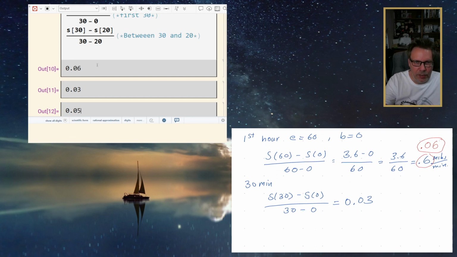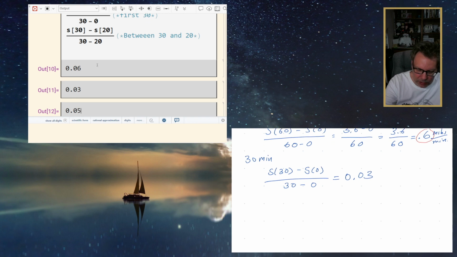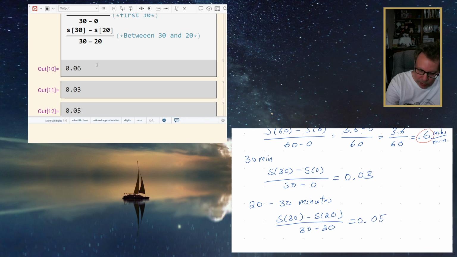I'm not saying this car is going very, very fast. What about between 20 and 30 minutes? Well, according to Mathematica, s of 30 minus s of 20 all over 30 minus 20 is equal to 0.05. I'll put a 0 in there so it's easier to see what's going on.